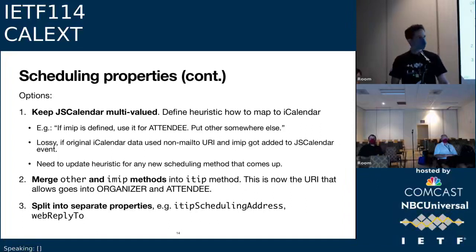And the last option that was brought up was to not use a multi-valued property, but for each scheduling method, define its own property, which still might be a URI, might be something more complex. That very much depends on the scheduling method. Speaking of scheduling methods, and this will be my last comment before I hope Neil and Mike can join. At the moment, the scheduling methods that we have defined are IMIP and or ITIP, but really it's ITIP over IMIP.